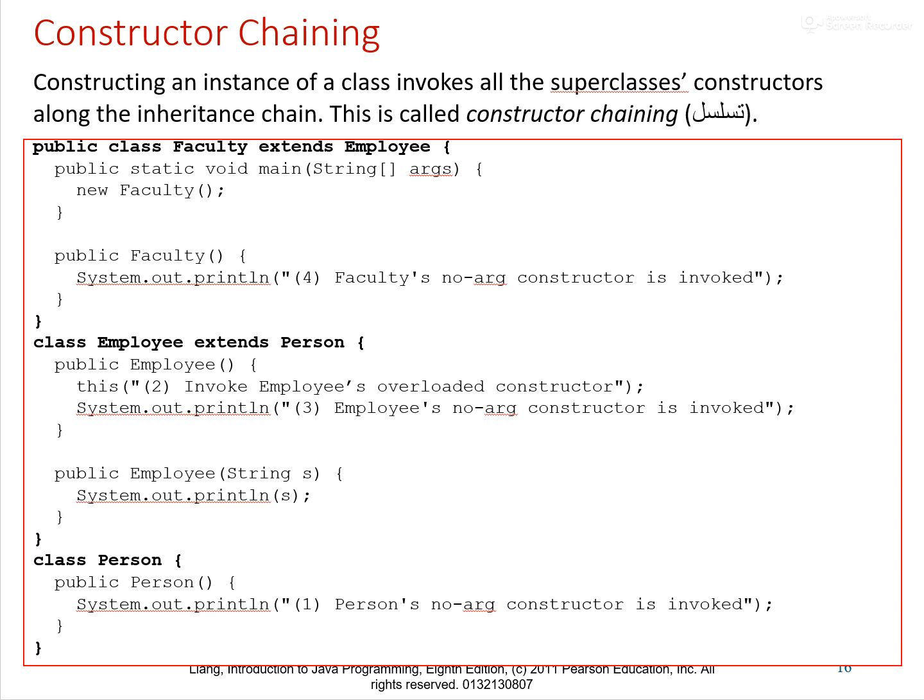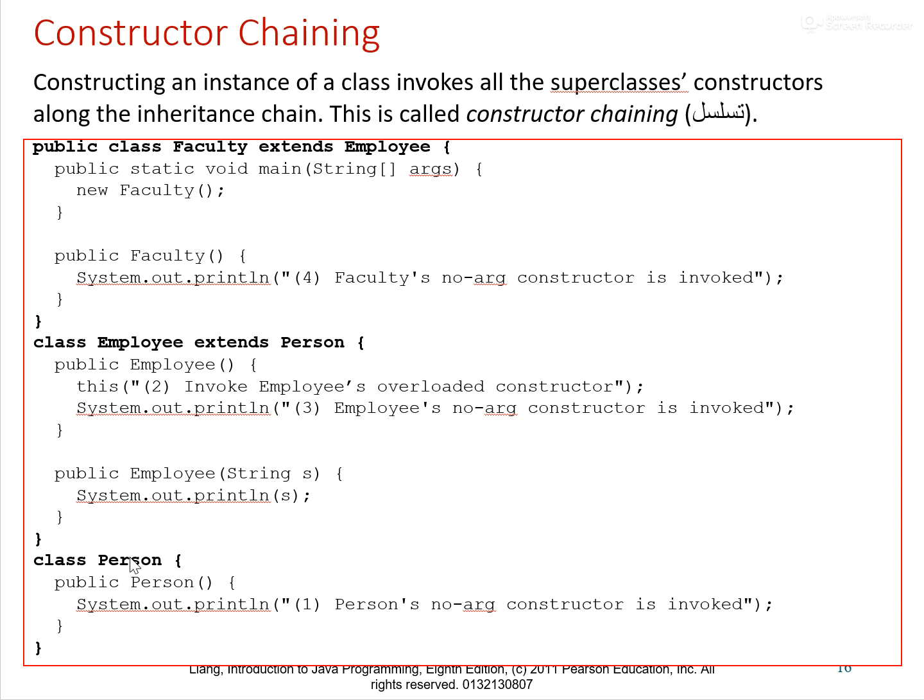At the top, we have a class called faculty, which is a subclass of another class called employee, which is a subclass of another class called person. So person is the superclass.